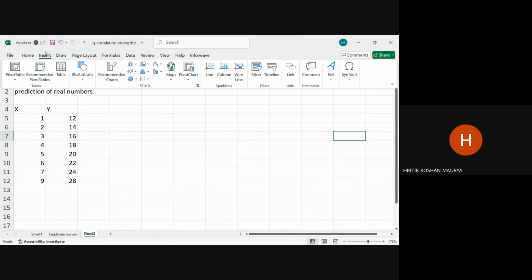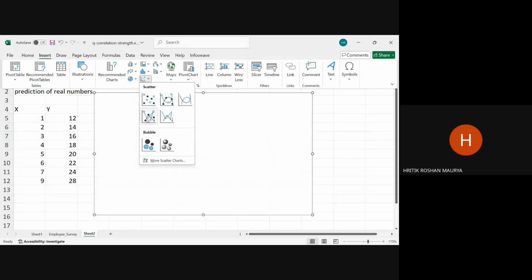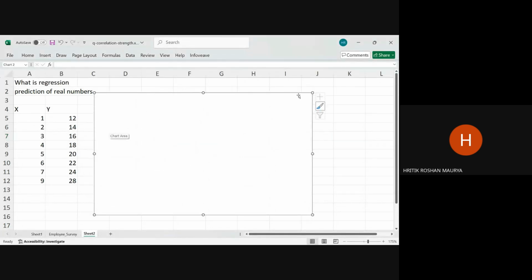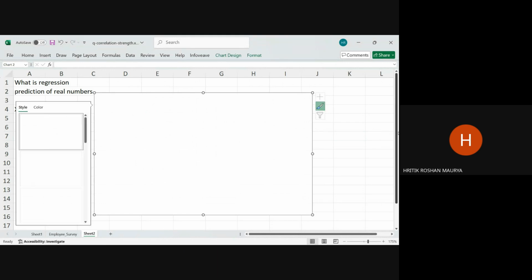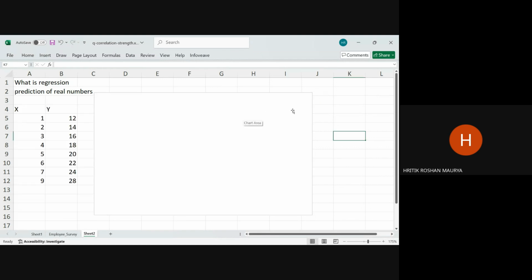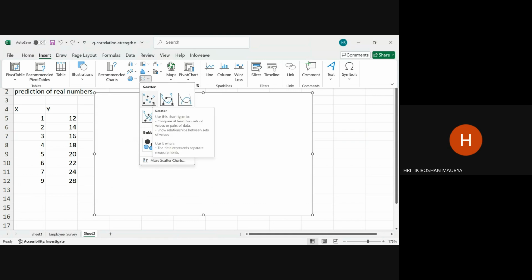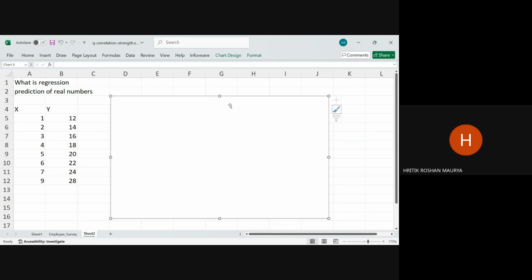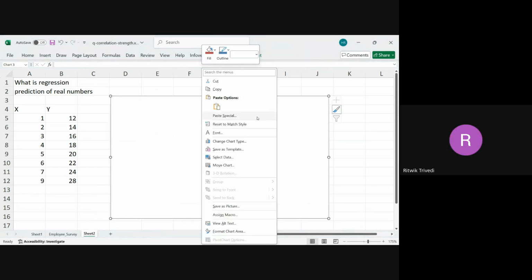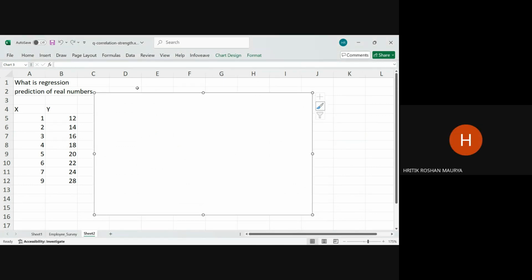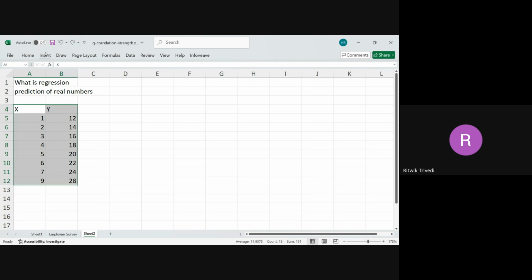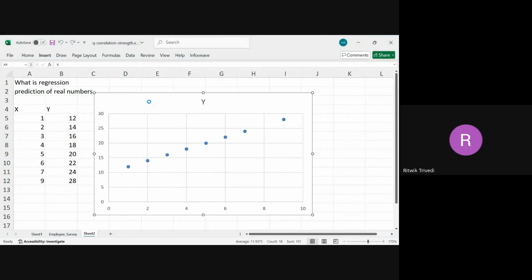Yeah, here is the scatter chart. Why is it not inserting? You have to select the data set first, right? Yeah, maybe I need to select the data set first. Then click on insert, and then it will populate. Yeah, you can see here it is a clear straight line.